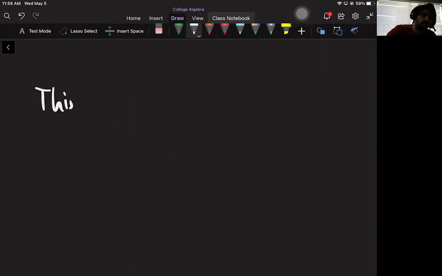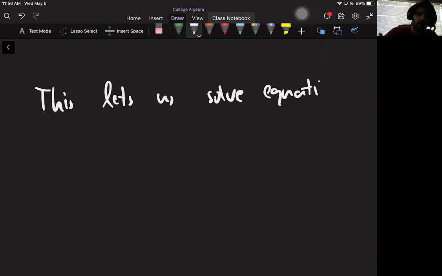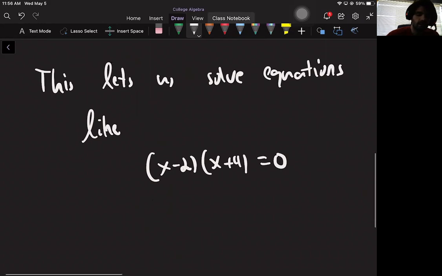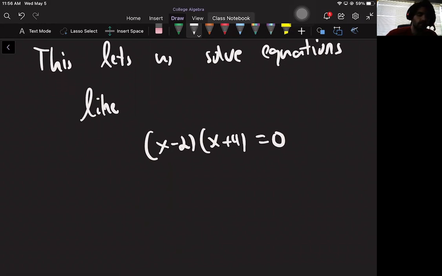So what it does, it lets us solve equations involving polynomials very easily, if they're already factored out. So for example, if I write x minus 2 times x plus 4 equals 0, I can solve this using the zero product rule. It's because the zero product rule says I'm multiplying two things together.